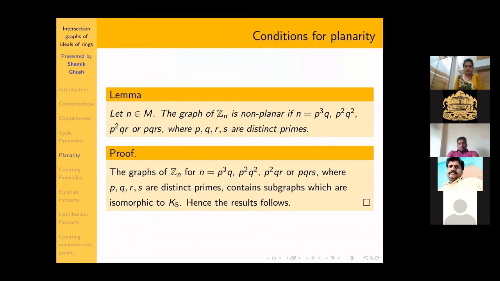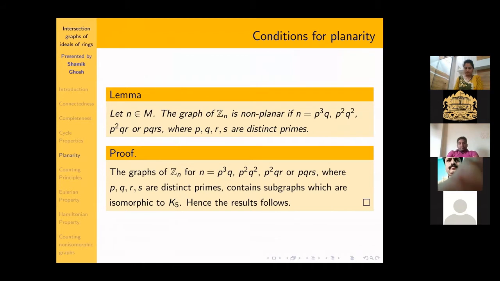And then from this idea, we go for planarity. The first thing that we discover is that the first graphs which are non-planar come from the product of 4 primes. Either it is of the form p q q, p square q square, p square qr or pqrs, but not p to the power 4.